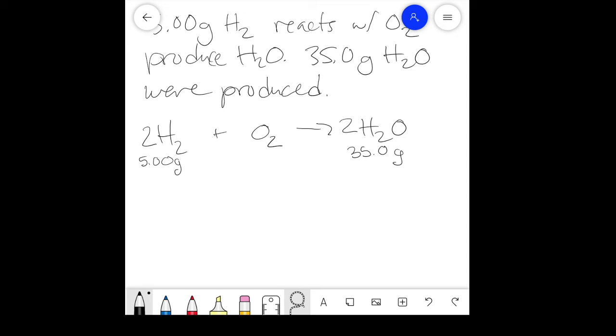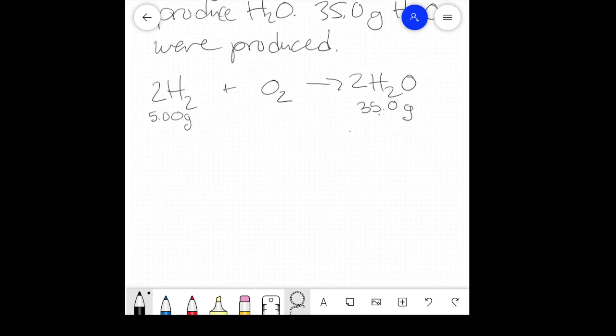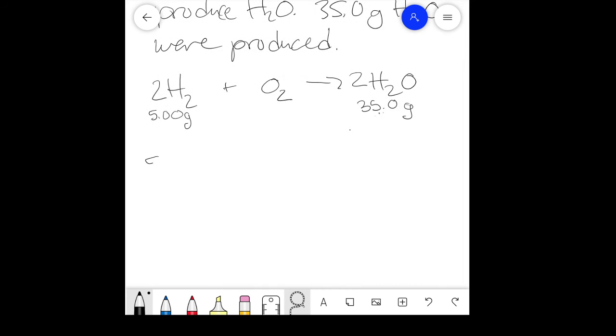For percent yield problems, whatever number they give you that's the product, that's not the one you start with. You start with the amount of the reactant, because the product number is what you actually got in the lab, and we're trying to calculate how much you should have gotten with our stoichiometry. So we're going to start with this 0.5 grams.